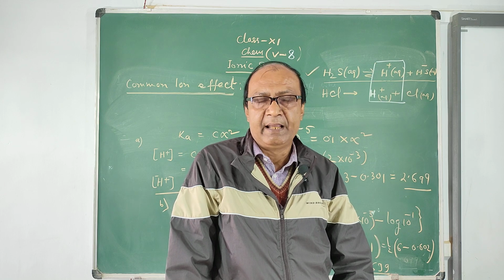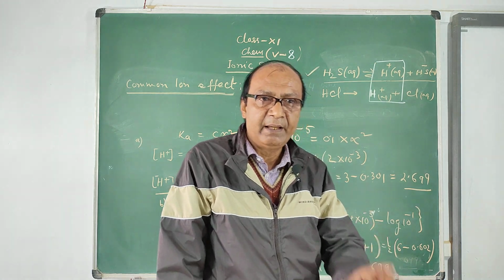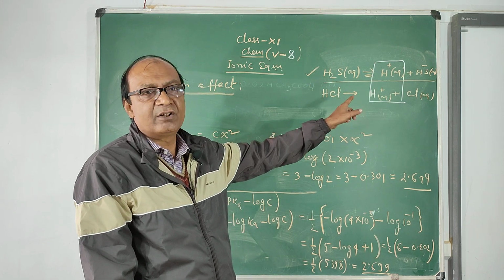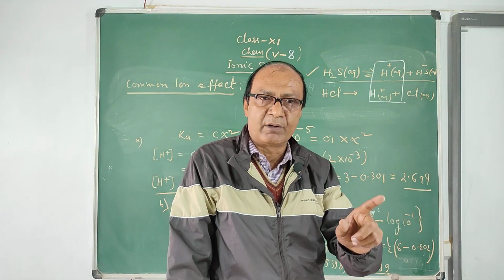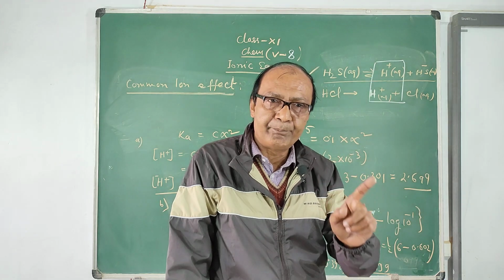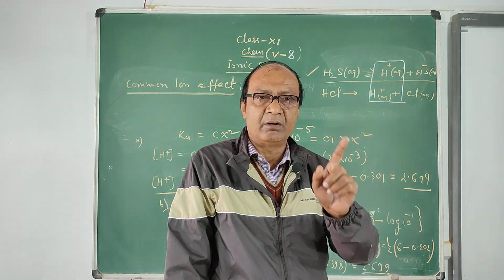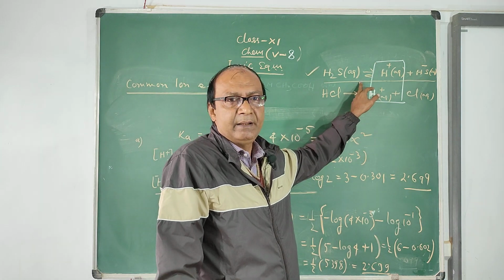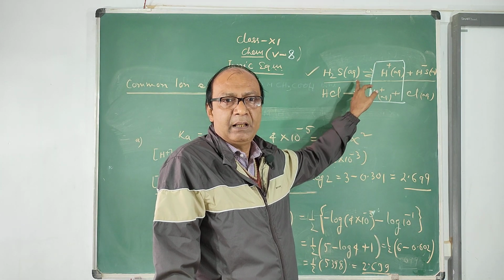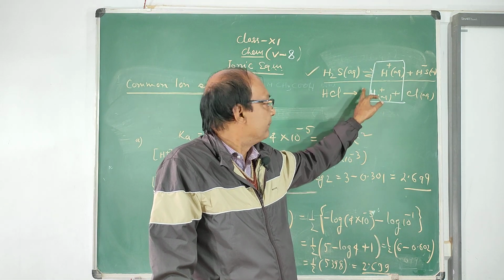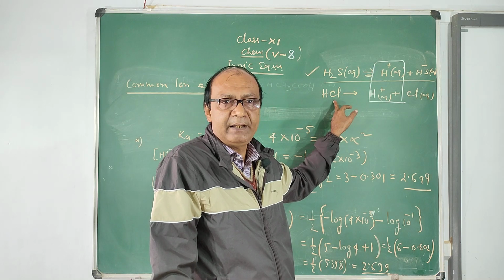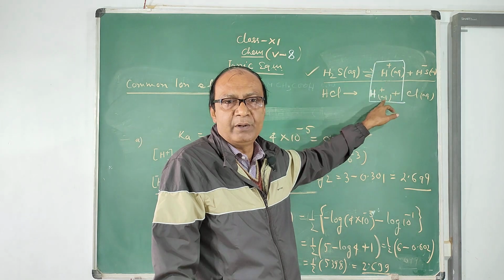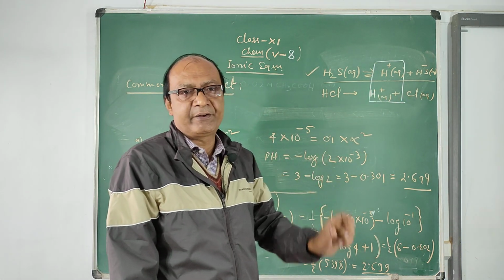Try to understand it. And how can it be defined? The suppression of ionization of a weak electrolyte, I repeat, the suppression of ionization of a weak electrolyte in presence of a strong electrolyte having an ion common to it is known as common ion effect.